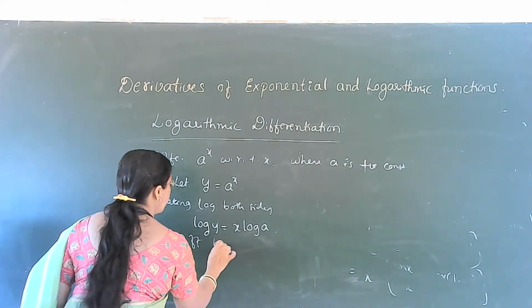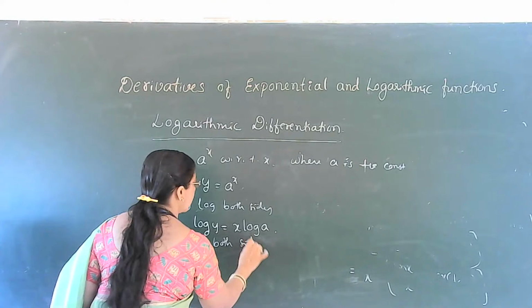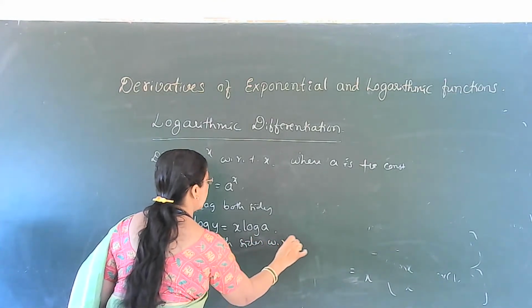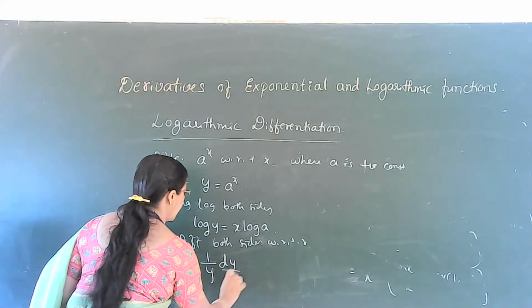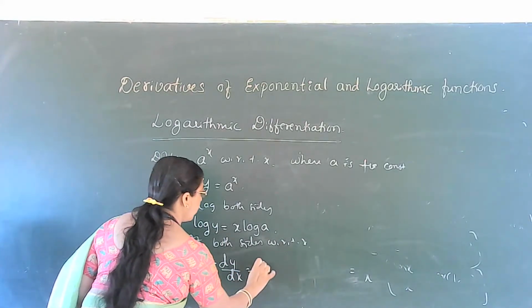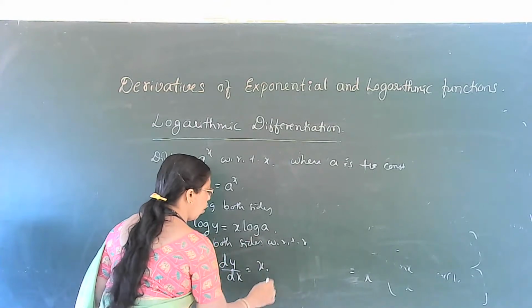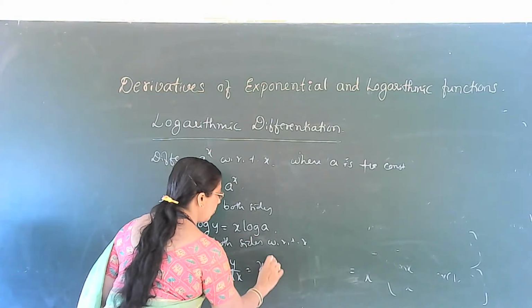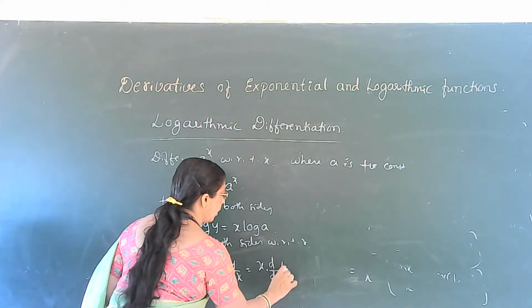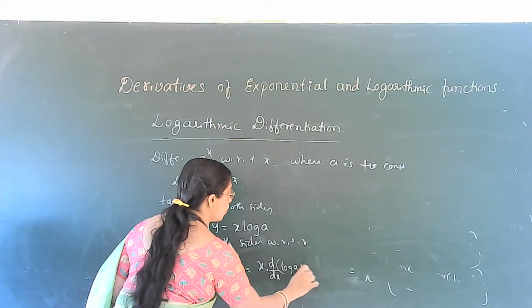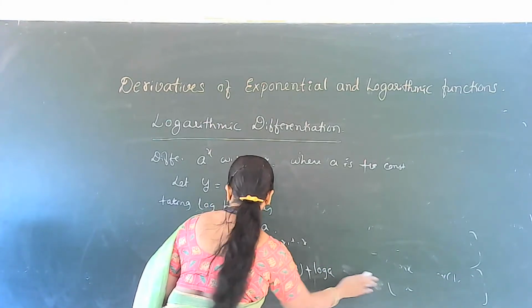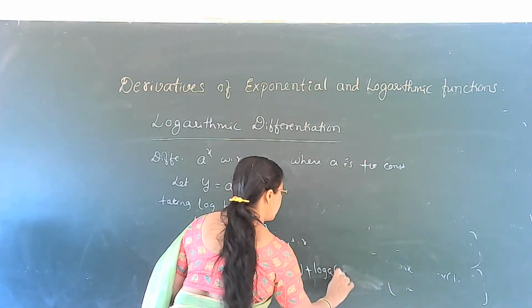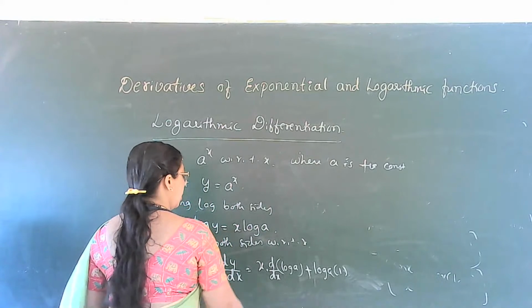Differentiating both sides with respect to x, 1 by y into dy by dx is equal to x into the derivative of log a, which is constant, so it becomes 0, plus log of a into the derivative of x, which is equal to 1.